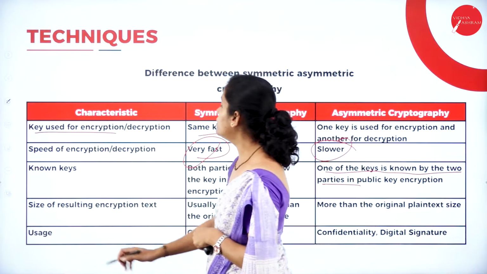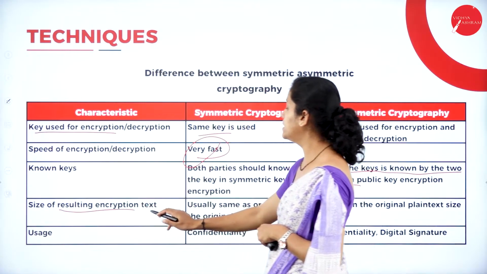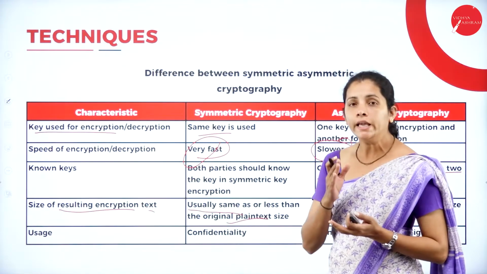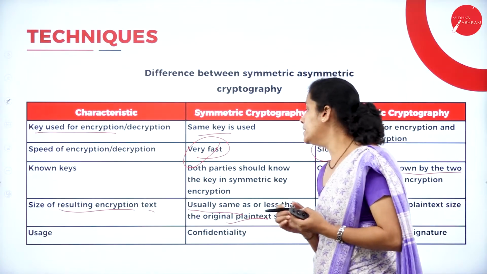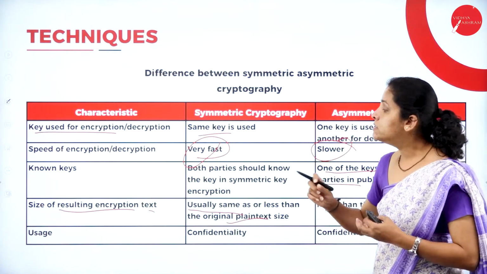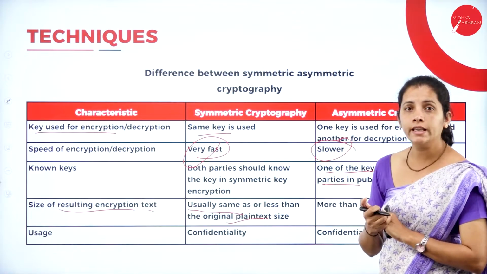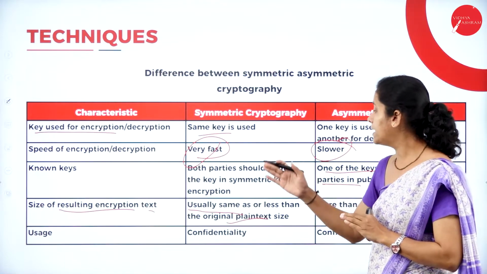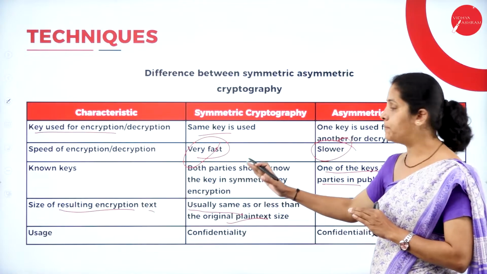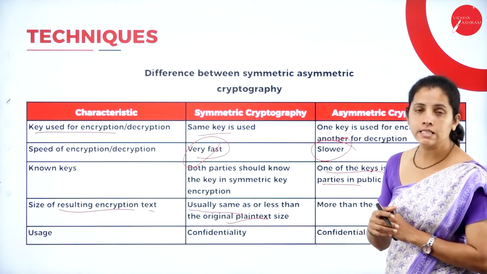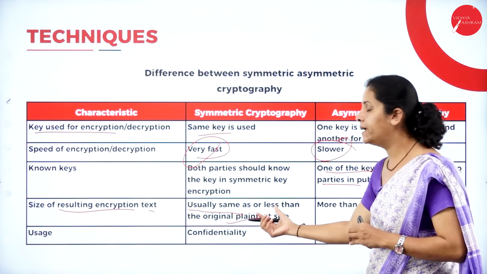Then the size of the resulting encrypted text. In symmetric key encryption, the size of the resulting encrypted text is usually the same as or less than the original plain text.